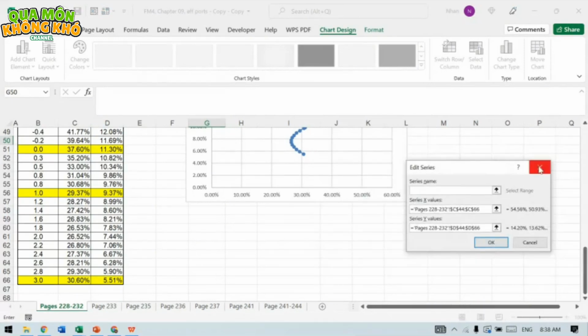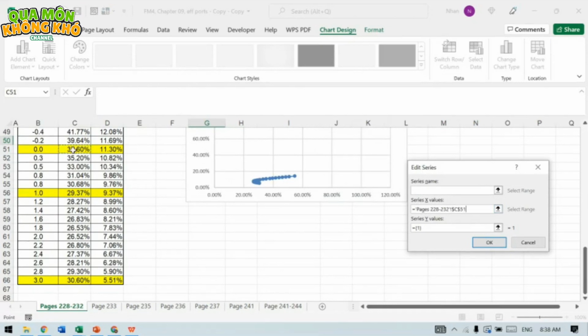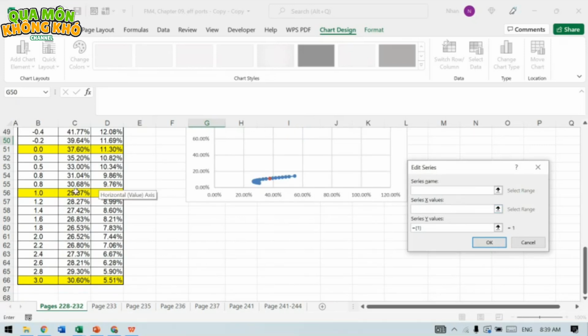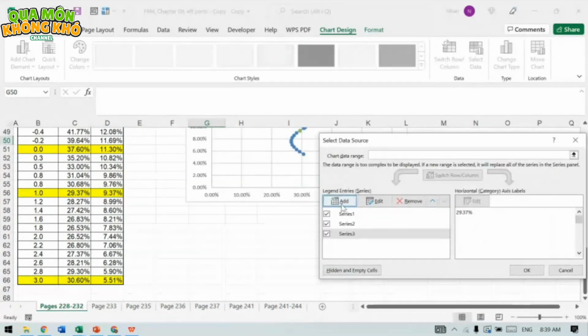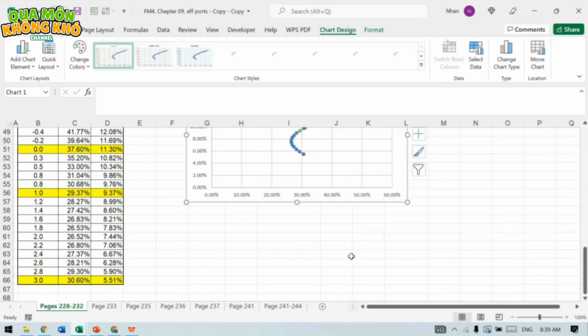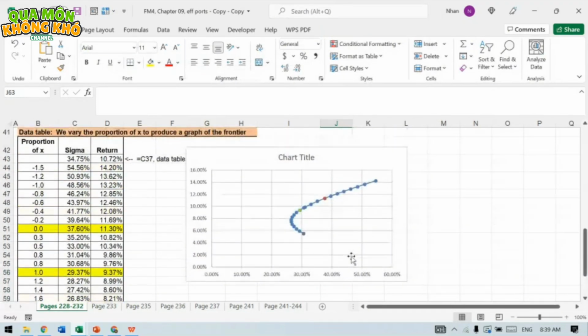And I will add some points to see in the graph. Okay. Yes, so I have the frontier here.